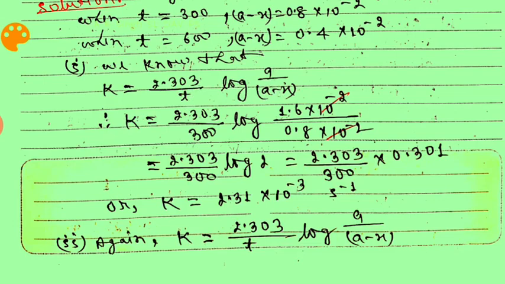Therefore K is equal to 2.303 by 300 log 1.6 into 10 to the power minus 2 by 0.8 into 10 to the power minus 2. The 10 to the power minus 2 cancels, and 0.8 divides 1.6 two times. So K is equal to 2.303 by 300 log 2, and 2.303 by 300 into value of log 2, which is 0.301. So K will be what?